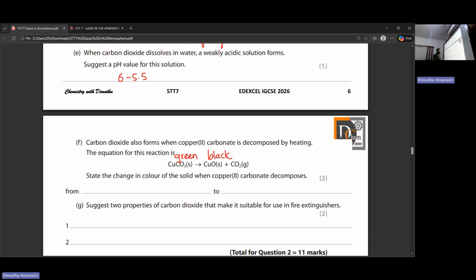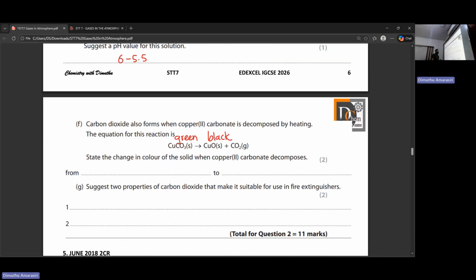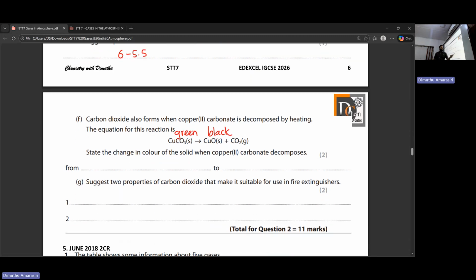Suggest two properties of carbon dioxide that make it suitable to use as a fire extinguisher. One, it's a non-combustible gas. And it's a denser gas than air, or than oxygen.